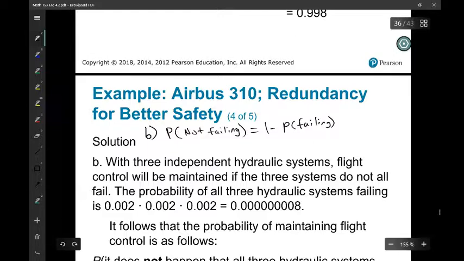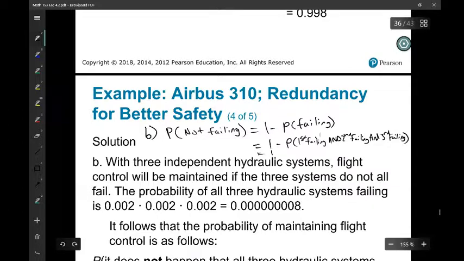And in order for the system to completely fail, all of them would have to fail. All three would have to fail. Since they're all three independent, that would be probability of first failing and second failing and third failing.